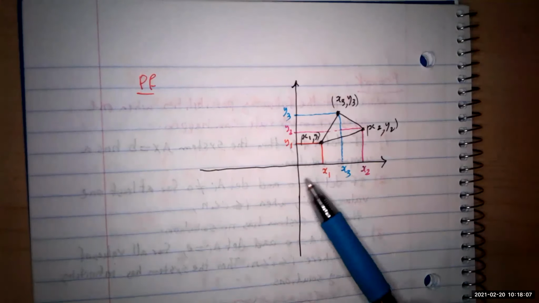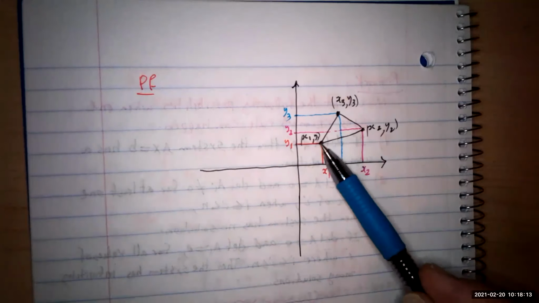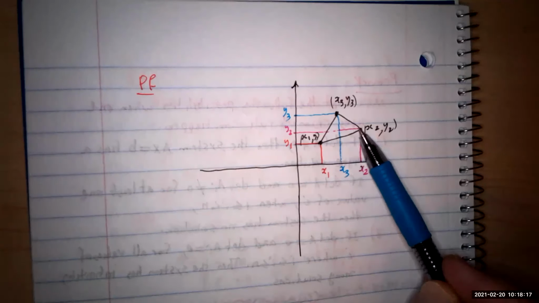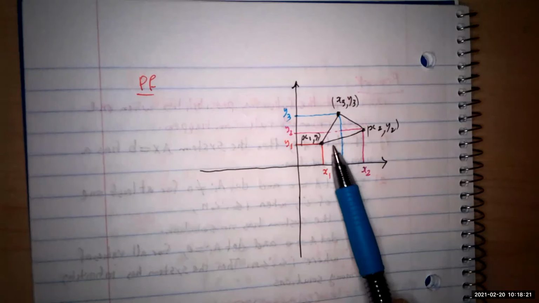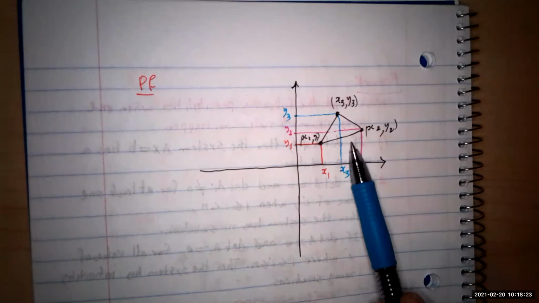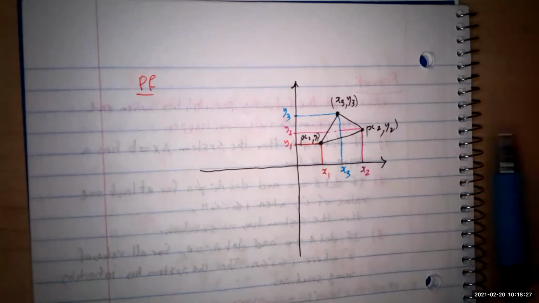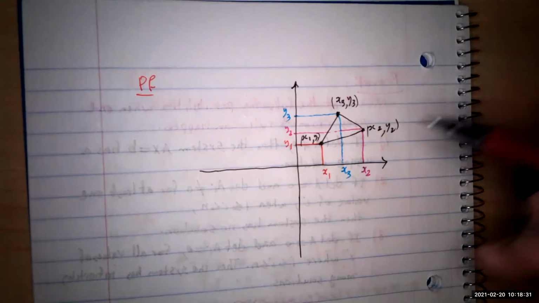Okay, so in order to find the area of a triangle, this is the area of the triangle that I'm interested in. What I'm going to do is add the area of these two, the first one and the second one. Then I subtract this third one, if you like. So I'm going to have 3 trapezoids.